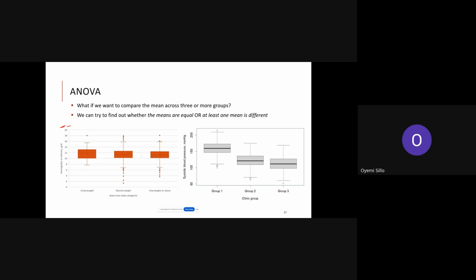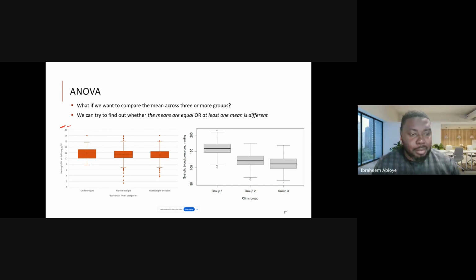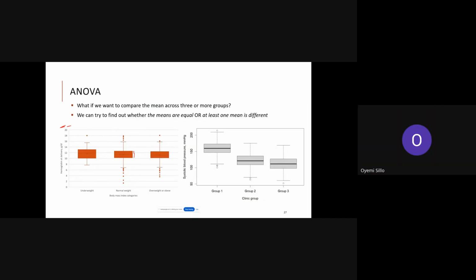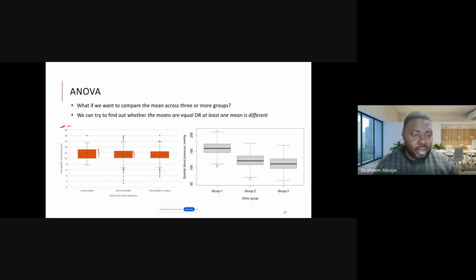Yes. Normal and overweight is here. Very good. How about what you think about the interquartile range? It's also wider in the underweights. So the interquartile range is also wider in the underweight.